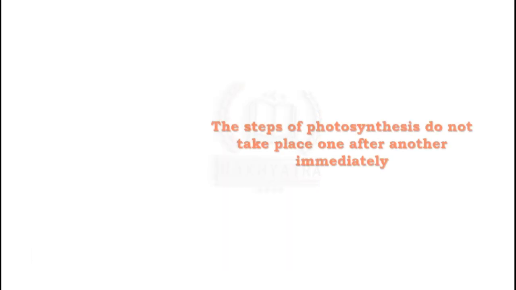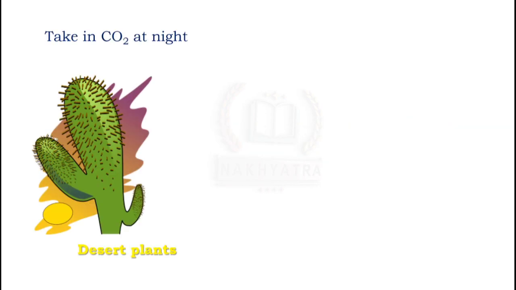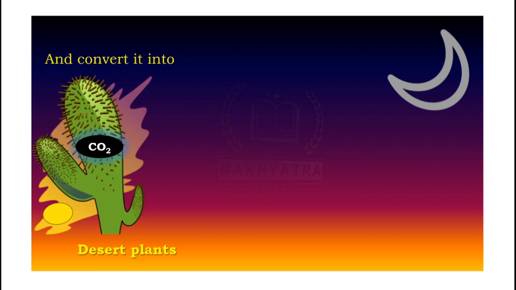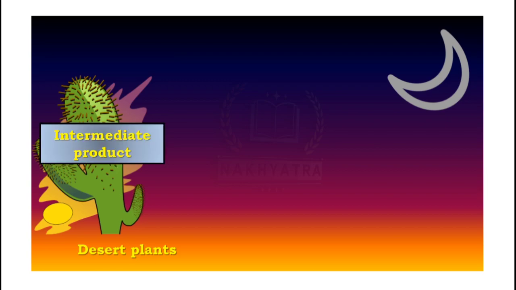Okay. Now the steps of photosynthesis do not take place one after another immediately. Now let us see in case of desert plants. Desert plants take carbon dioxide at night, and convert it into an intermediate product.